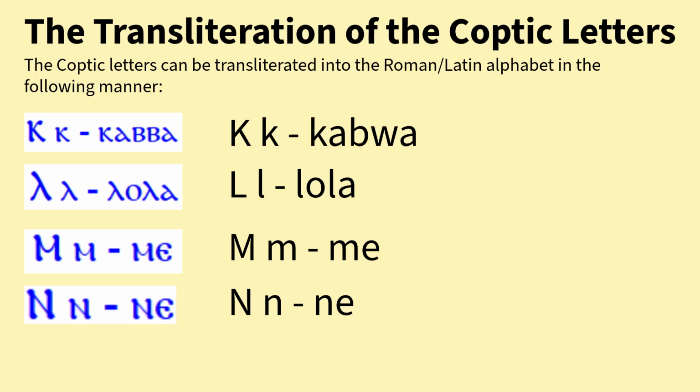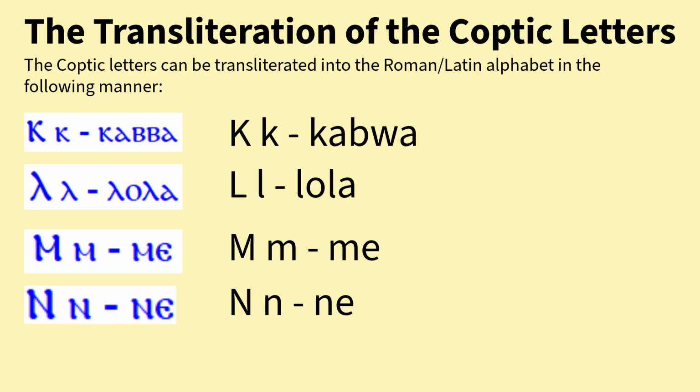Then we have the letter lola, which is, of course, the letter L. Then we have the letter me, with a short sort of A sound, me, for the letter M. However, you'll notice that it's transliterated as ME because the epsilon here, which is this letter E, which of course in Greek and Coptic is derived from the Greek letter epsilon, is pronounced as a short A. So it's the shorter version of the letter ad, and it is pronounced me.